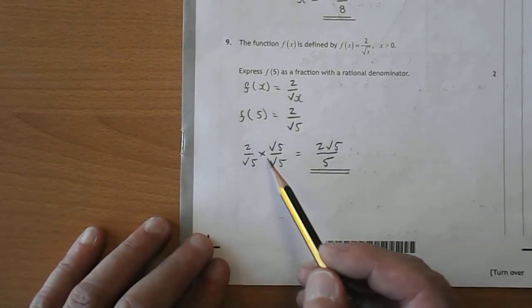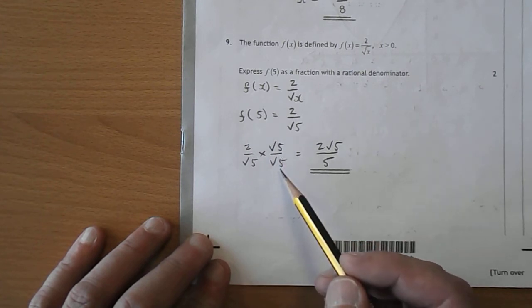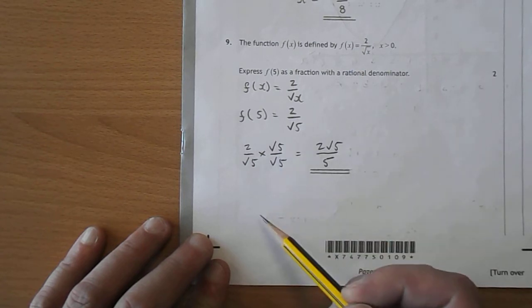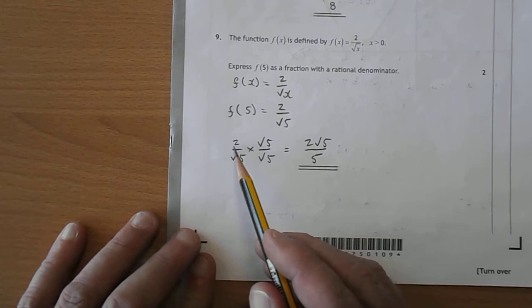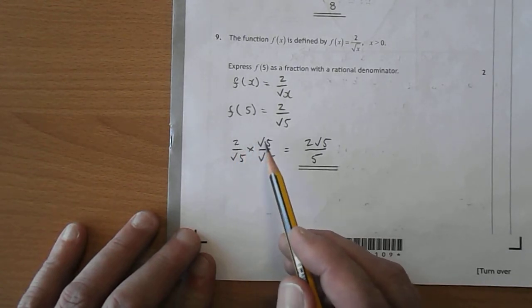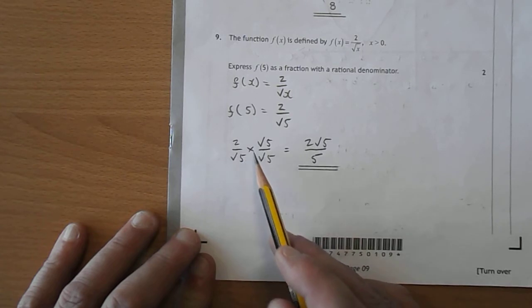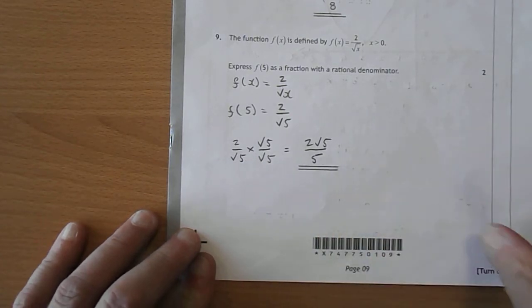Well, we multiply it by root 5 over root 5. Now, root 5 over root 5 is 1, so we're essentially multiplying it by 1, which won't make it bigger or smaller, but it will change the appearance. You multiply two fractions, you multiply the two numerators, 2 root 5, and root 5 times root 5 is 5. So there's your answer there.